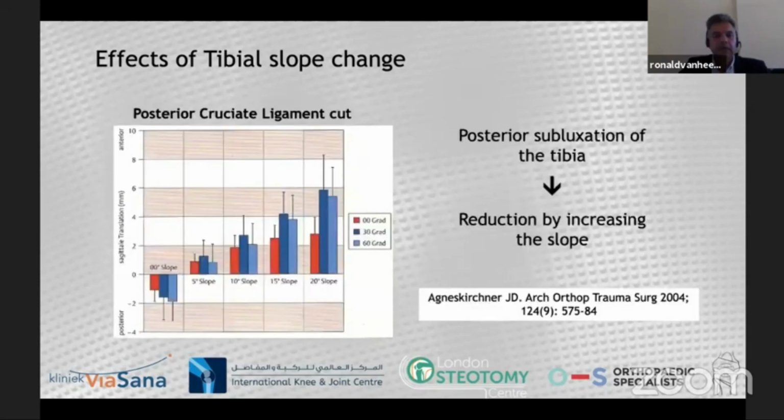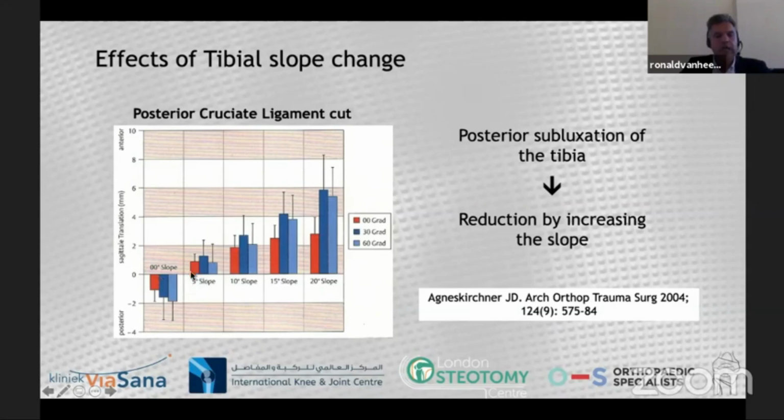Now look at this graph. On the left side, it shows PCL cut. Where's the tibia? The tibia is posterior with 0 degrees of slope, so normal slope as a reference.